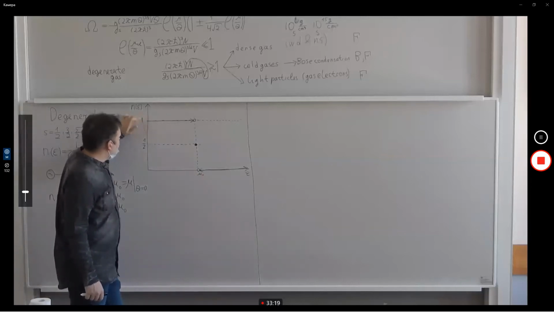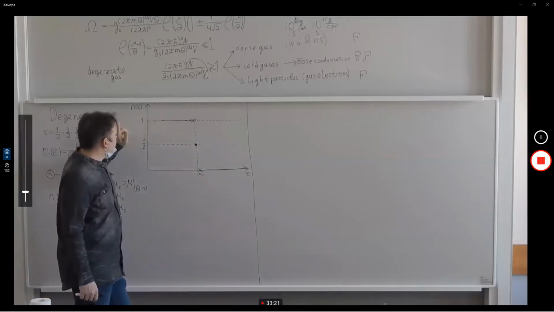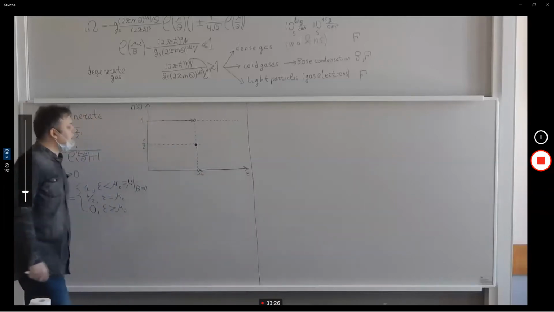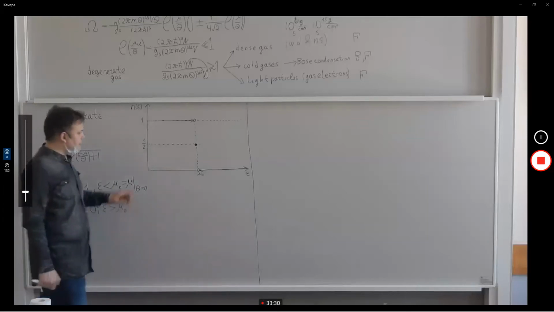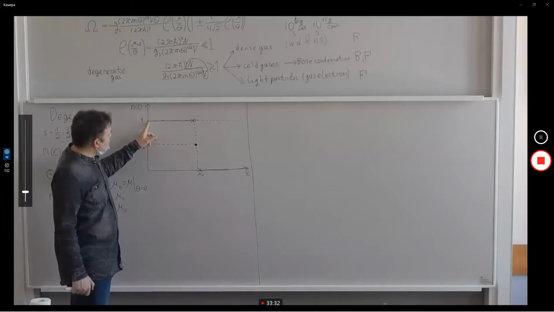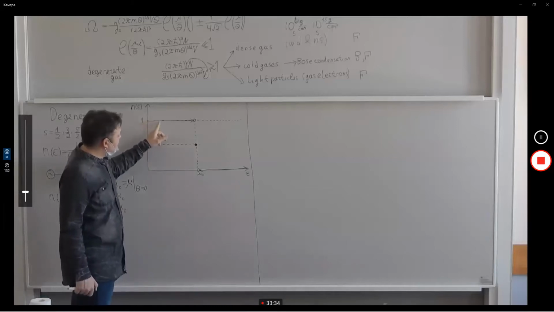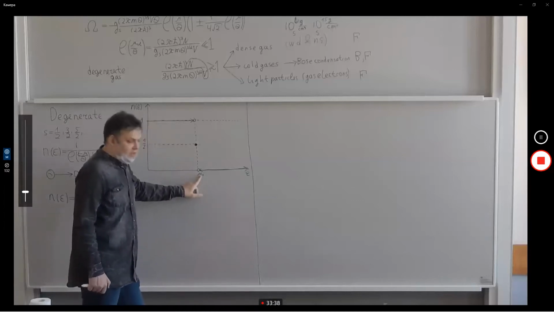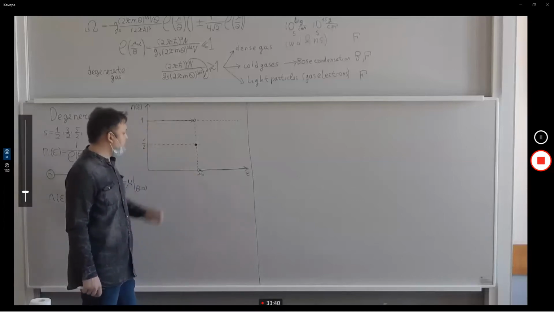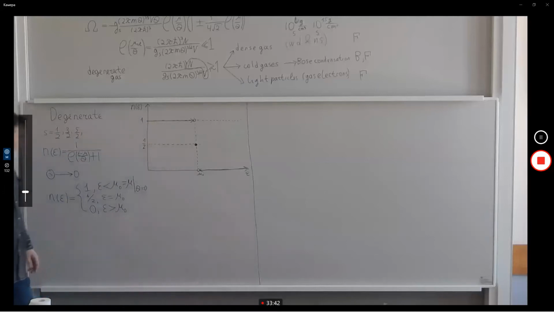In this case, we can easily find the number of particles in the gas. It equals the number of quantum states that have energy less than mu sub zero.